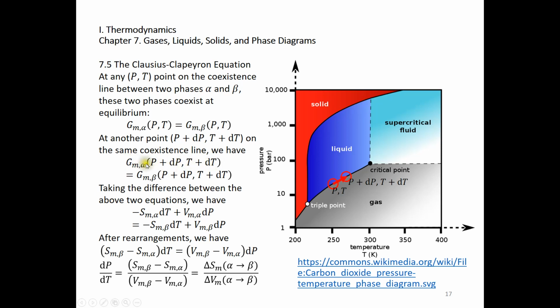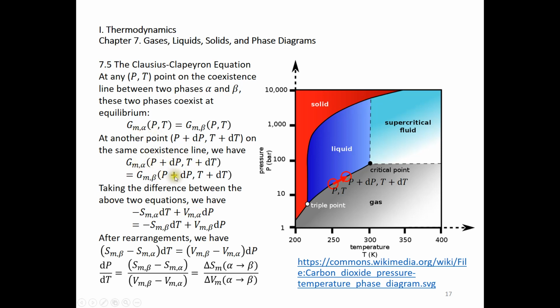Because Gibbs energy depends on pressure and temperature, and because dG is equal to negative S dT plus V dP, we have the molar Gibbs energy change, which is negative molar entropy dT plus molar volume dP for the alpha phase, as the difference between this left hand side and this left hand side.